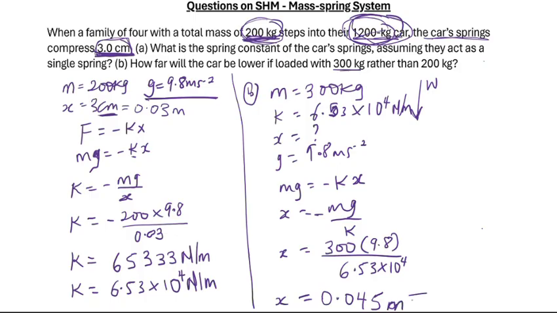If you want to convert it to centimeter, you multiply this by 100, then that will be 4.5 centimeter. And we can see when higher mass enters, the car compresses more.